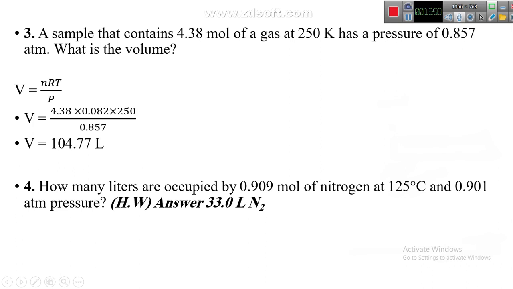In the above question the temperature was in Kelvin, so we did not need to convert it, but in this type of question you must convert it to Kelvin temperature by adding 273. This is homework.